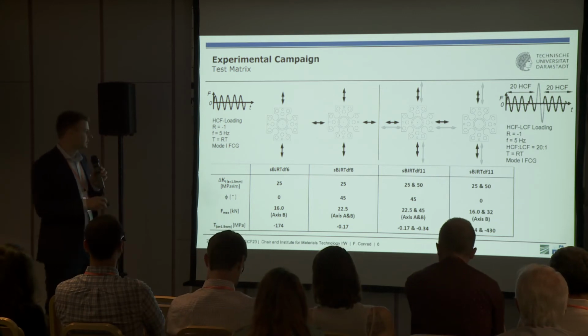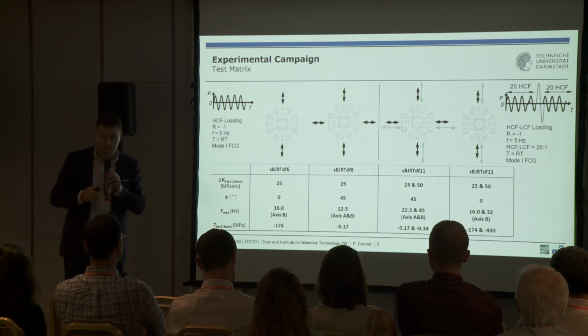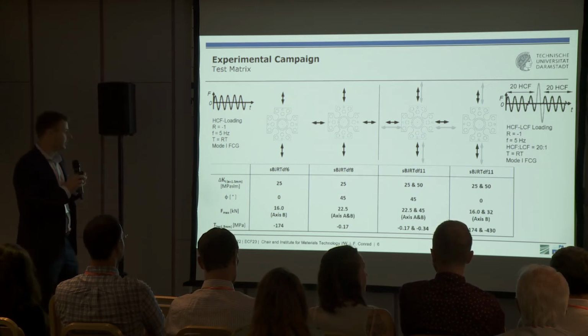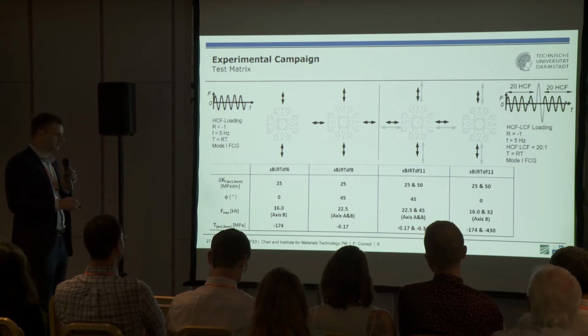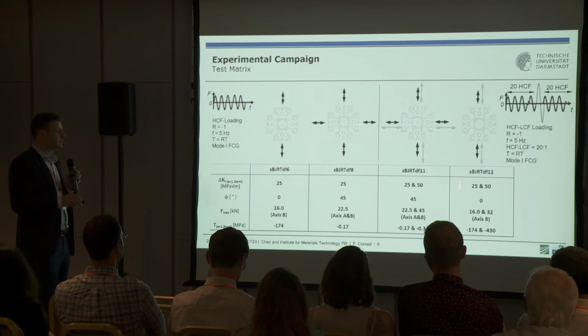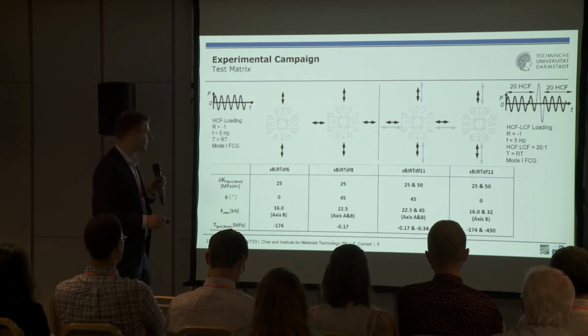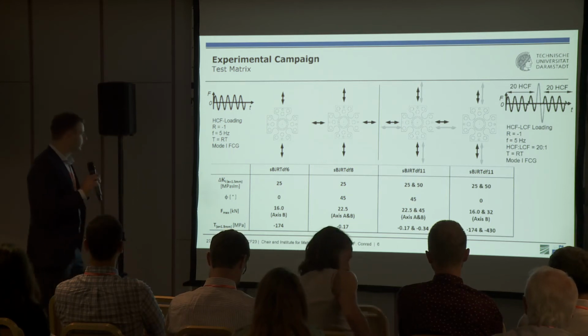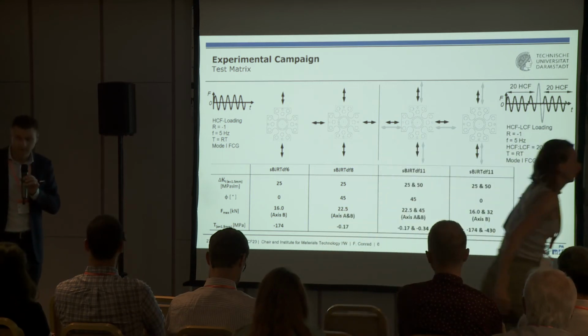So what you get then is a delta K that varies between 25 and 50, and the T-stress is again about 0. In this case, that is uniaxially loaded, we managed to get an even more negative T-stress, about -430. Important to mention, all the experiments turn out to have mode 1 fatigue crack growth.